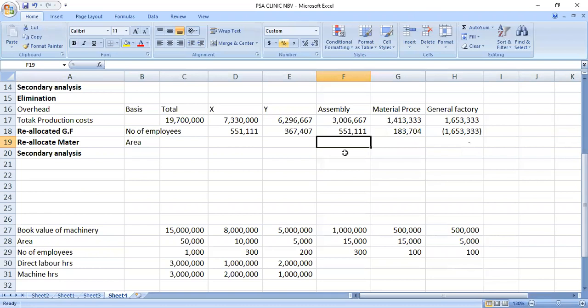This is 1 minute left. So for assuming assembly was a service center, and say we're using a basis of assembly, it would need to be still number of employees, but let's try direct labor hours. Okay, it's just a scenario created, so don't give it a lot of thought.